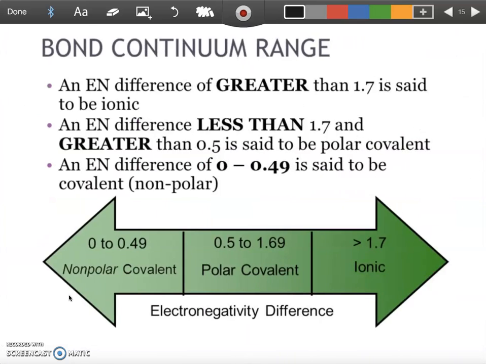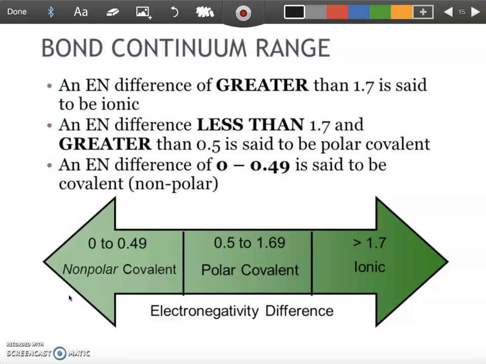As a reminder, the bond continuum ranges are listed as such. A difference in electronegativity between 0 and 0.49 will typically result in that bond being non-polar covalent, so they will share the electrons equally. An electronegativity difference between 0.5 and 1.69 will generally result in a polar covalent bond.